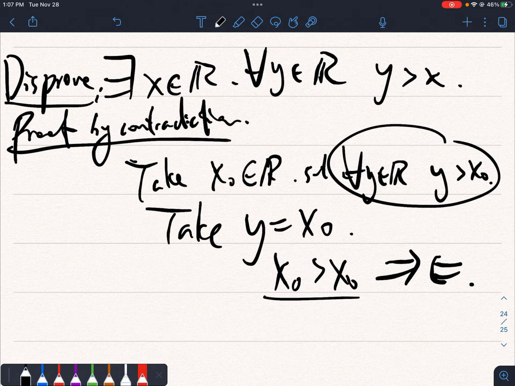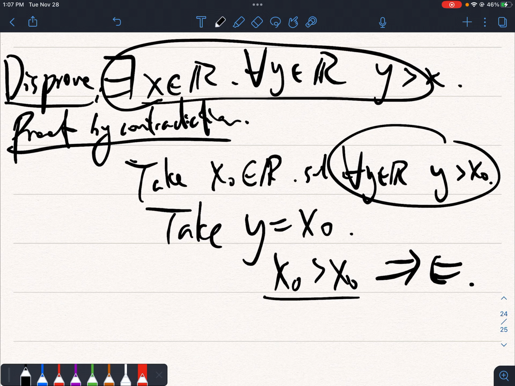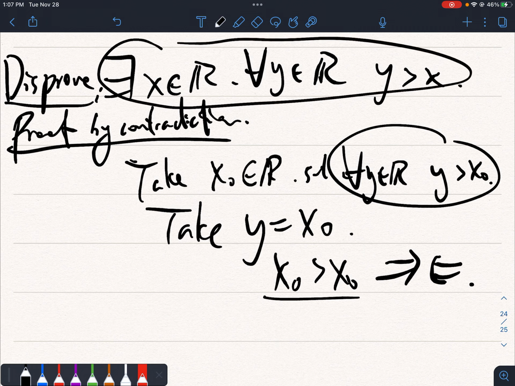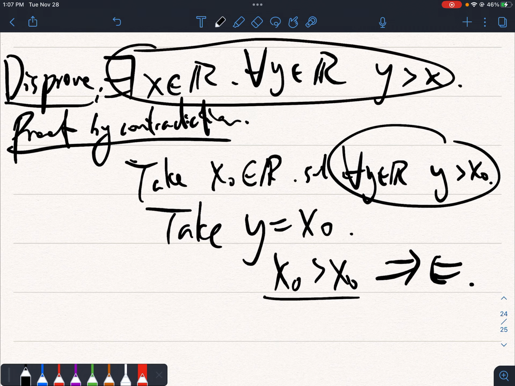Does that make sense? We want to disprove this statement. So now we assume this is true, right? If we want to prove something, we assume the negation of that is true. But here we want to disprove this statement, so we just assume this is true.